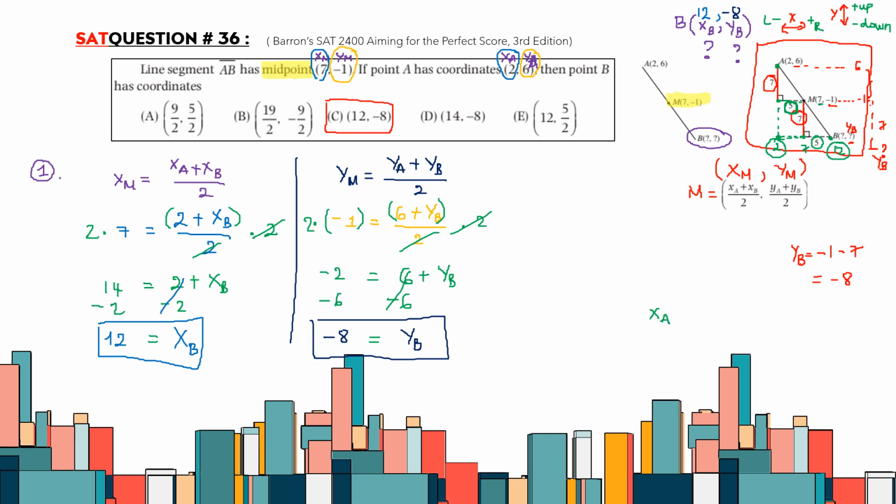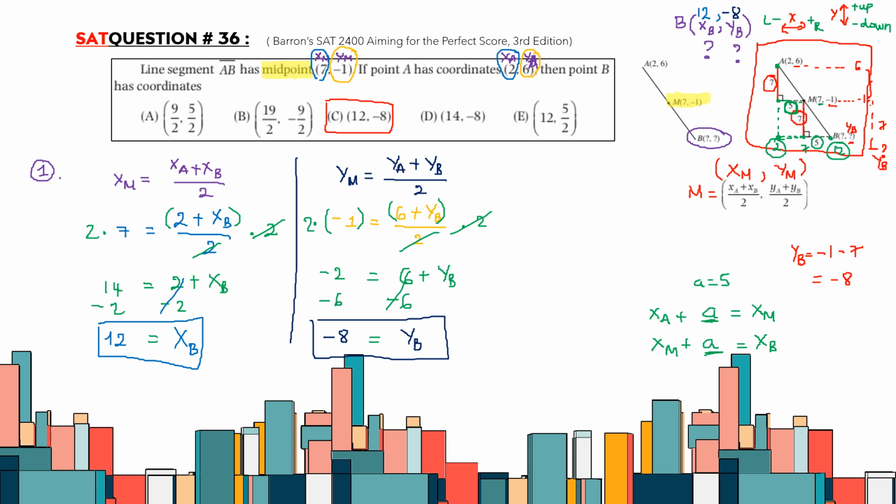From x of A, you add a certain amount of distance. Let's call that distance A, so x of A plus A equals x of M. Then from x of M, you add the same distance A to get x of B. A is just a number. In this case, A is 5.